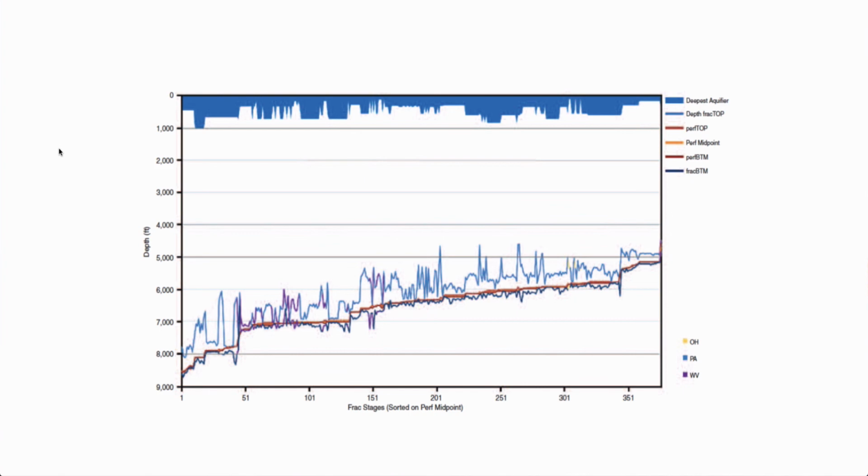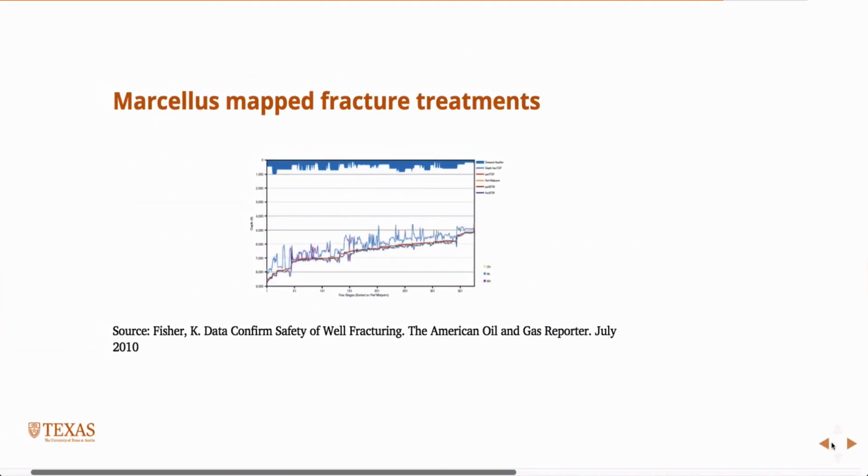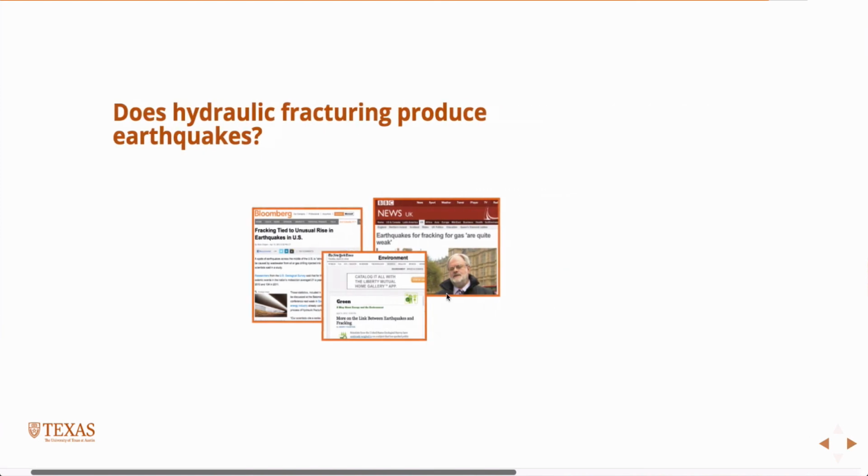The Marcellus Shale is the shale in the northeast. The blue up there is the deepest aquifer depths, and these are the fracture treatment depths from different fracture stages over different distances. But anyway, there's several thousand feet in between the water and any of the hydraulic fractures, and of course, many sealing layers in between.